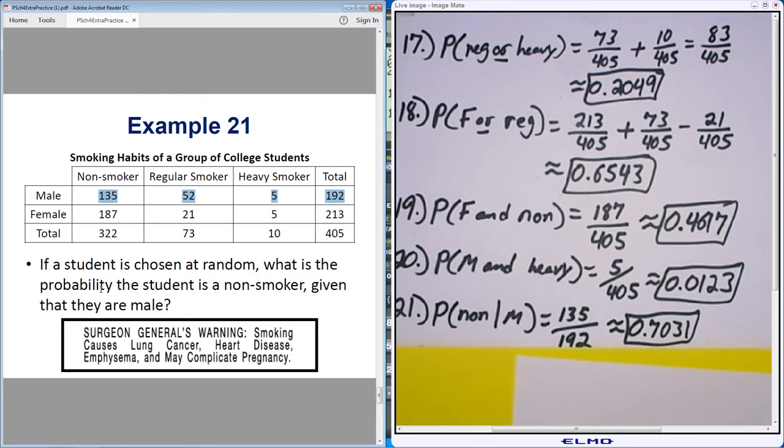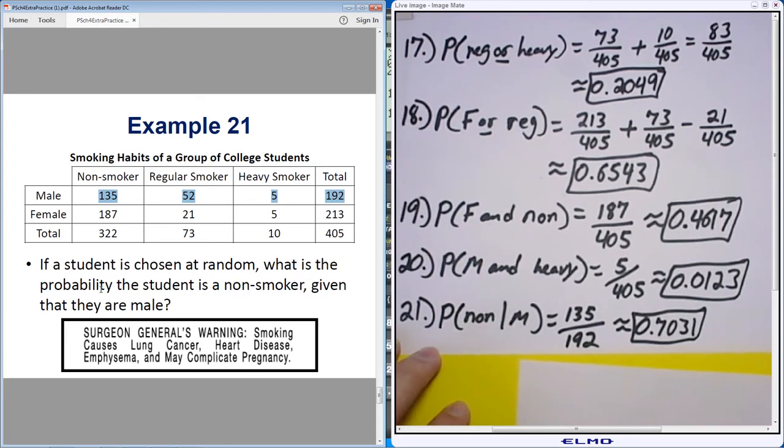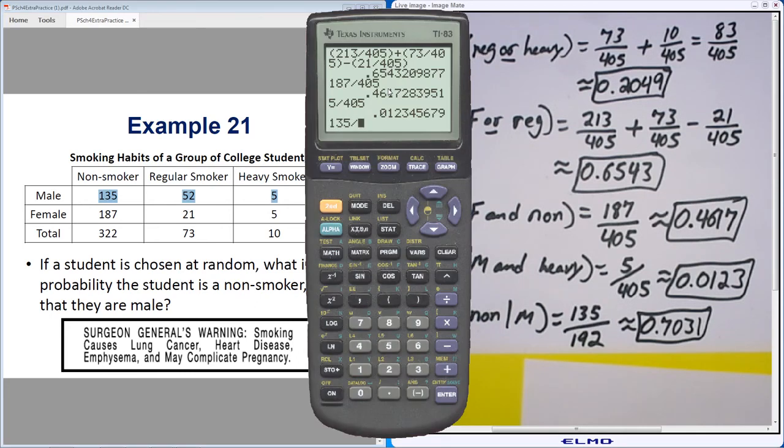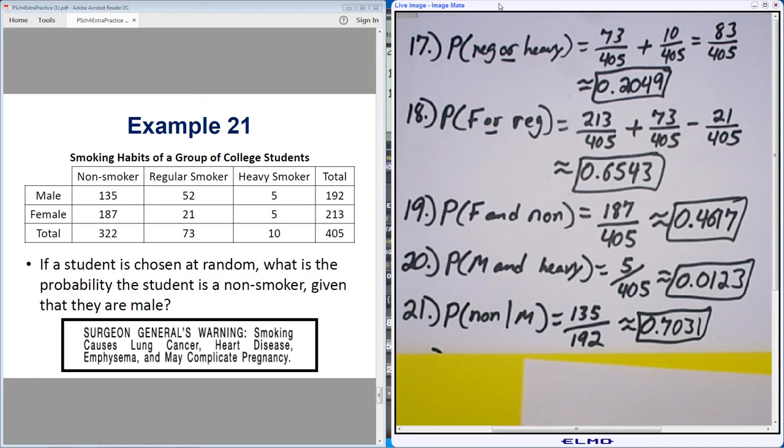The total of the males is 192. So we'll do 135 over 192. You get 0.7031. Given problems are the only ones where the total on the bottom is not the overall total, but the total of what's given. So given problems are different in that manner.